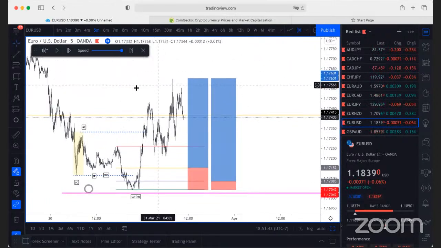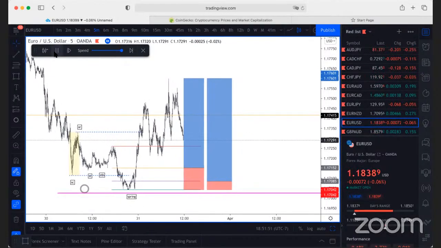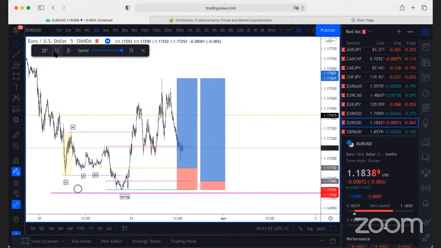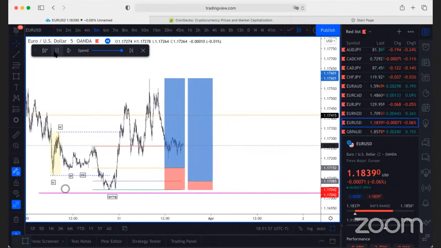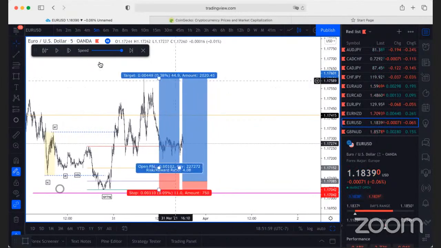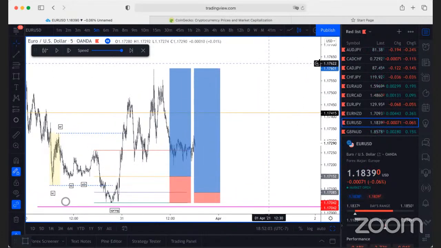So now let's see how they play. Price is coming in, and we start getting some sideways movement. This is going to be a good example right here.